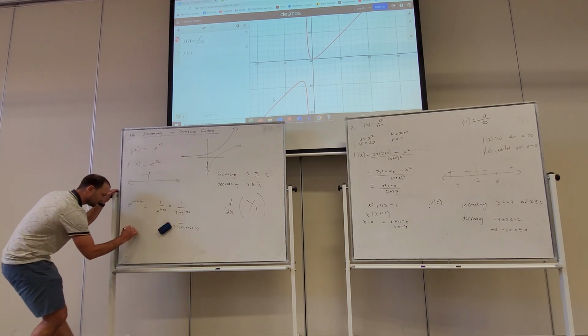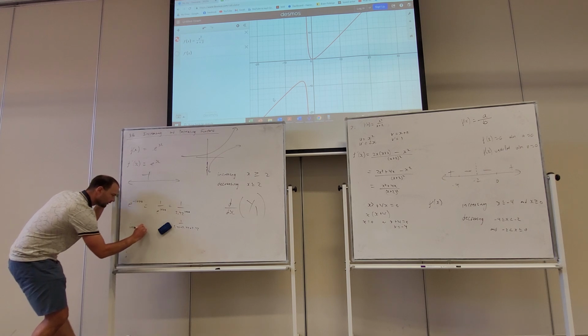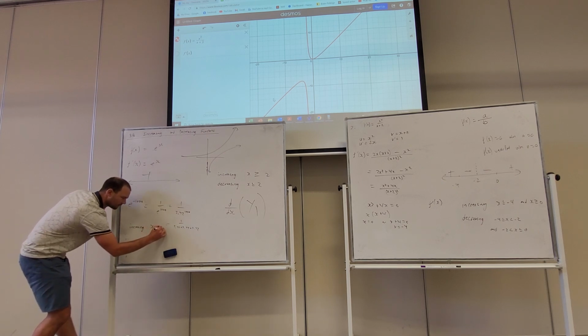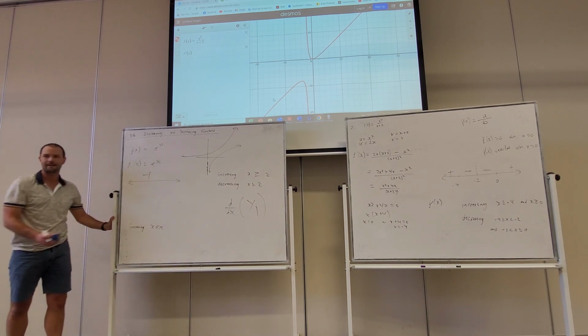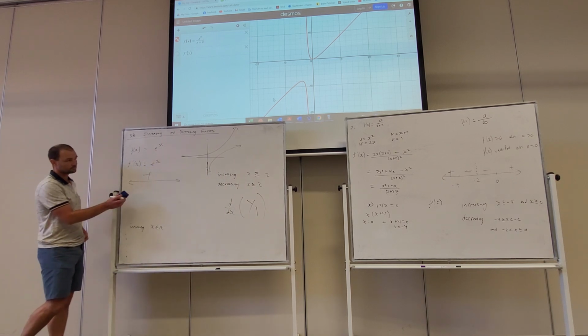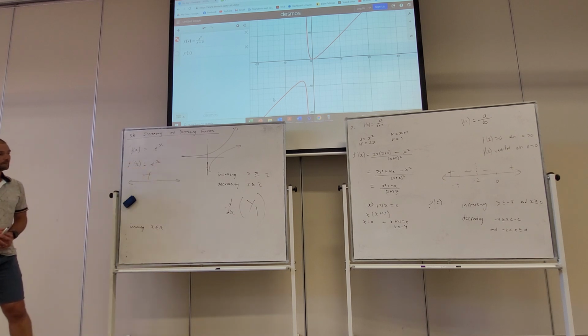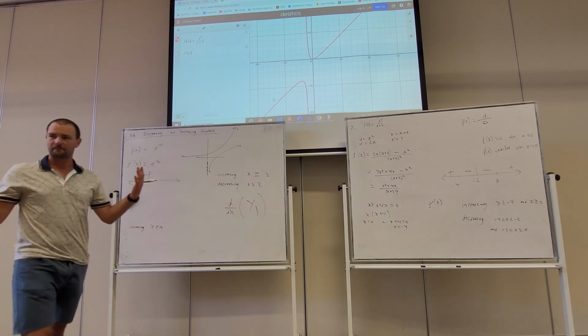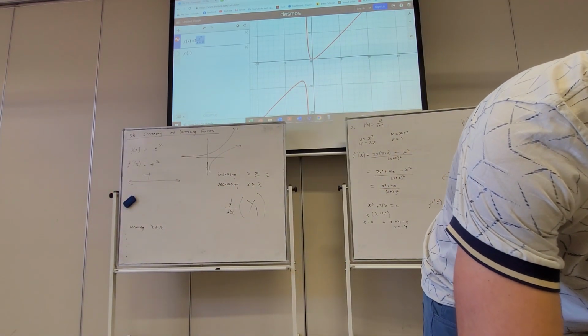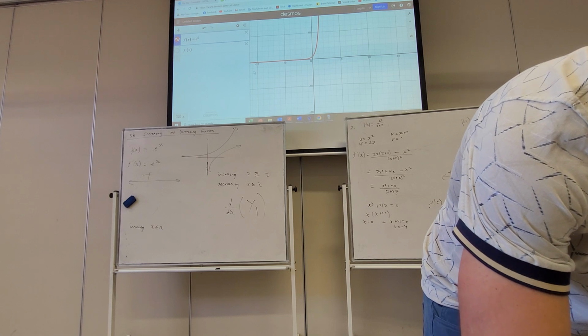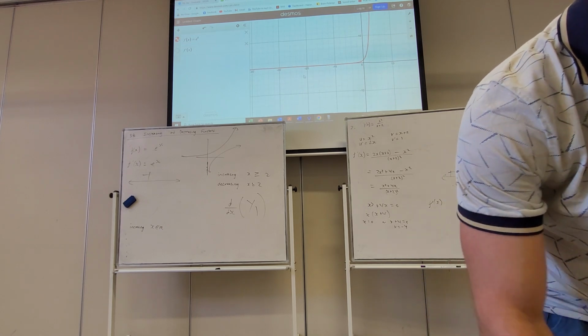increasing for all real numbers, never decreasing. Okay? And you can see that from the graph. Like if we graph e to the x, all right, if you're walking along it, you're always walking uphill.